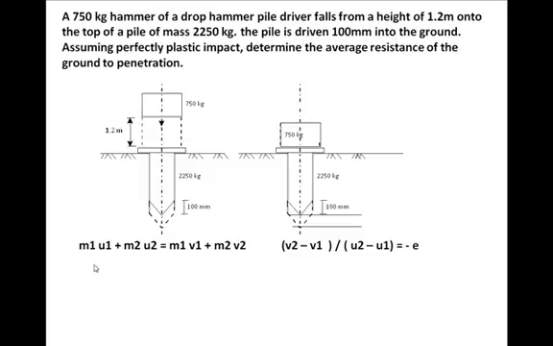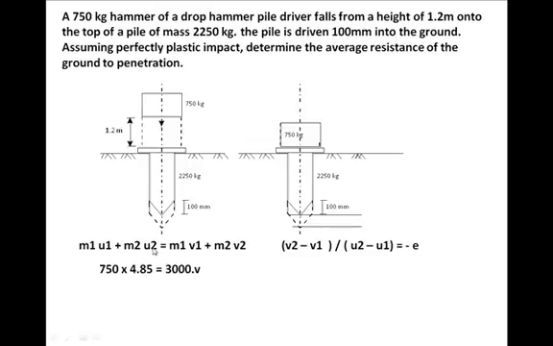Let's put the numbers. M1 is 750, and 4.85 is the U1 value you will get if you do root 2gh, that is root 2 g into 1.2. In other words, the velocity achieved by this 750 kg block due to the fall through 1.2 meter.